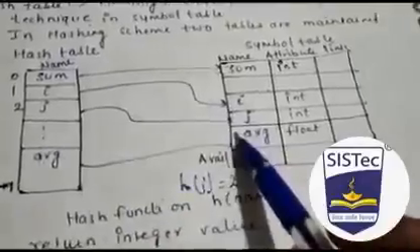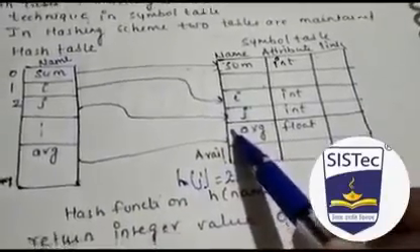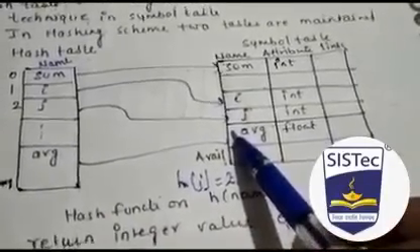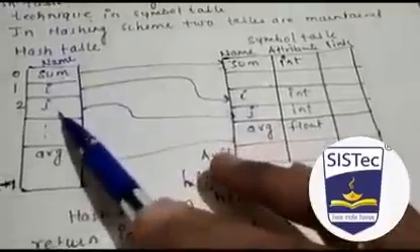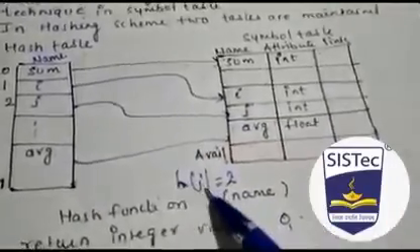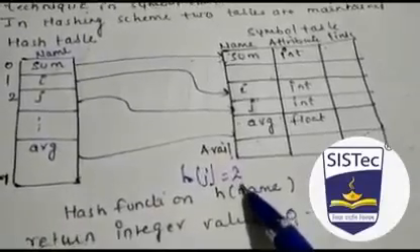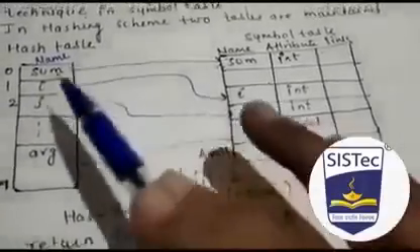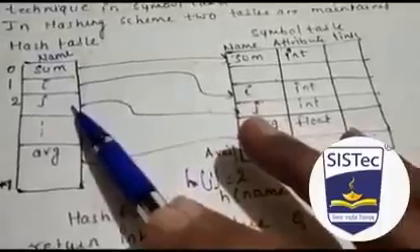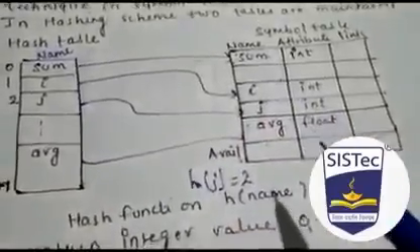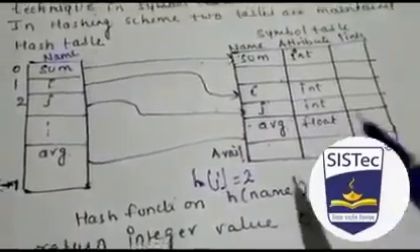Both tables are linked together through pointers. So if I apply the hash function on j, that is h of j, it will return the integer value 2 and the information of j will be accessed. In this way the hash function works.